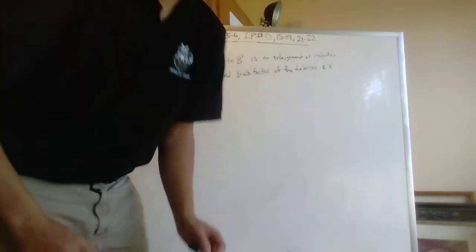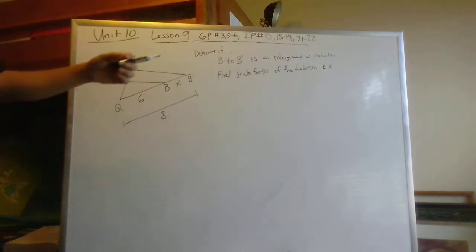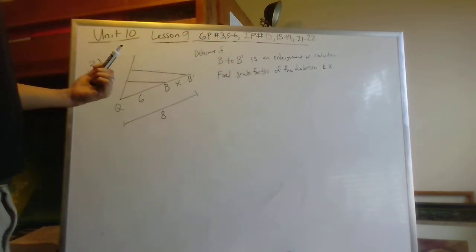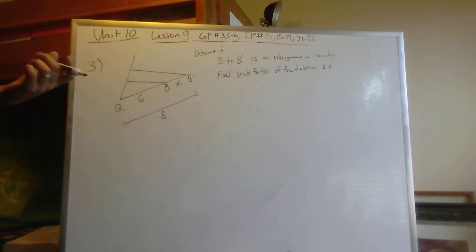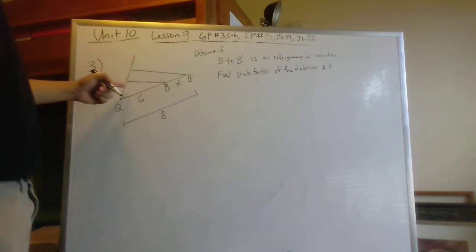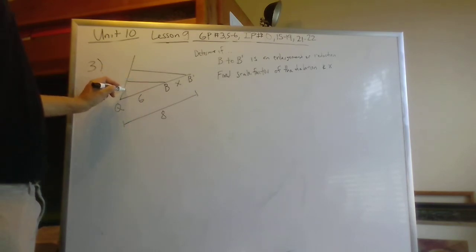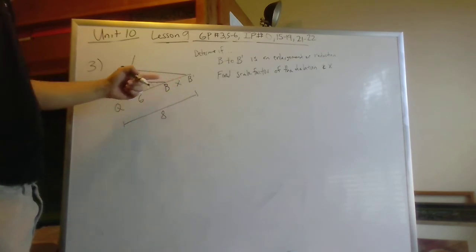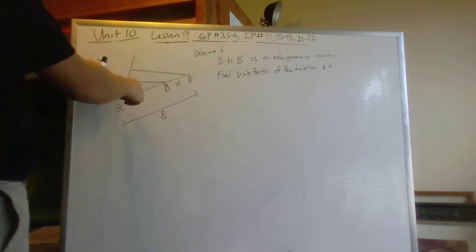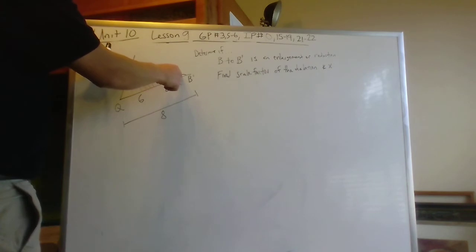So number 3, it says determine if B to B prime is an enlargement or a reduction. Find the scale factor of the dilation in X. So B, if you notice right here, is this tiny triangle, and then B prime is this triangle enlarged to this bigger triangle.